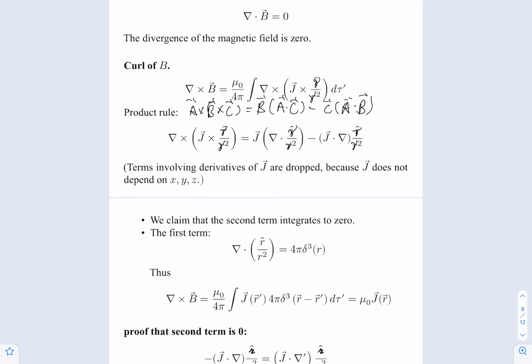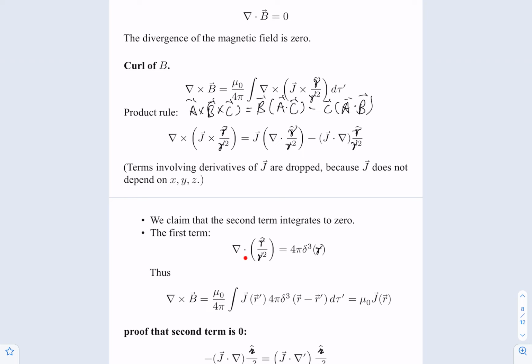What's left over here is the first term. If we evaluate the expression of the first term, it's actually related to this function, which is also something that we calculate in the E-field chapter.